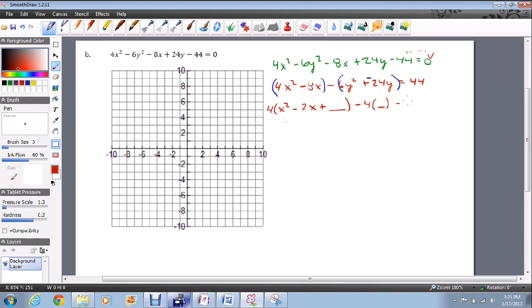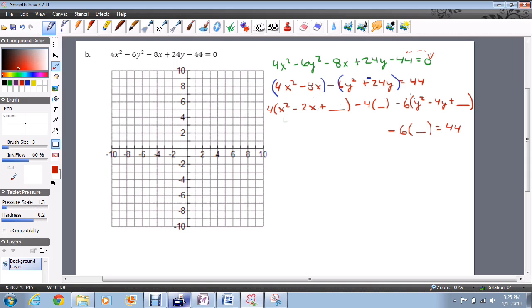Minus 6 on the outside, (y squared minus 4y on the inside plus our blank), minus, again, whatever we're adding on the inside, but it's being multiplied by 6, equals 44.